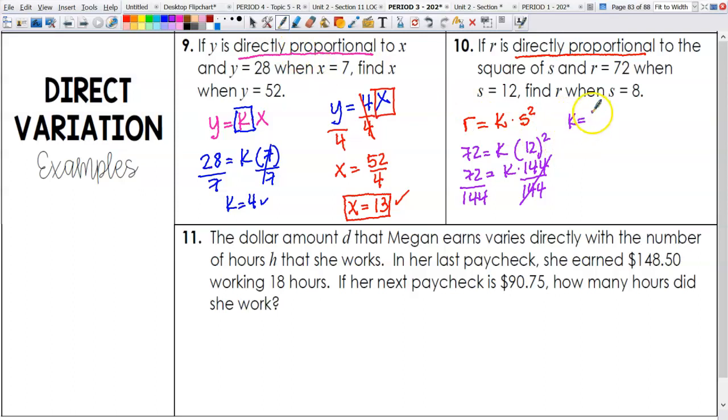So K will be 1/2. Now I rewrite the equation, right? R equals 1/2 times S squared, and I will look for R when S is equal to 8. So R equals 1/2 times 8 squared. So 1/2 times 64. 64 divided by 2, my R will be 32, right?